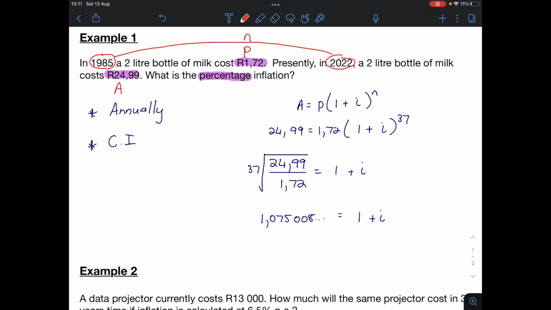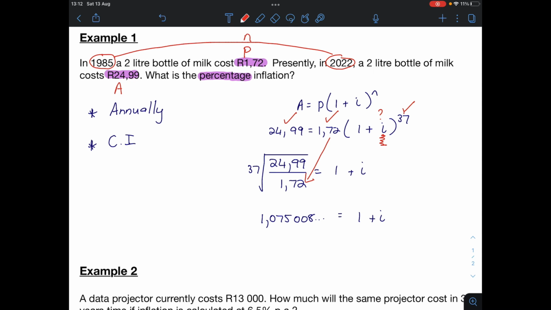So if we plug the values in, remember it's always our compound interest formula. We have A, we have P, we have N, and we're looking for R. N is just going to be the number of years from 1985 to 2022, which is 37 years. Remember, in solving for this unknown i, we always start by dividing by the 1.72.